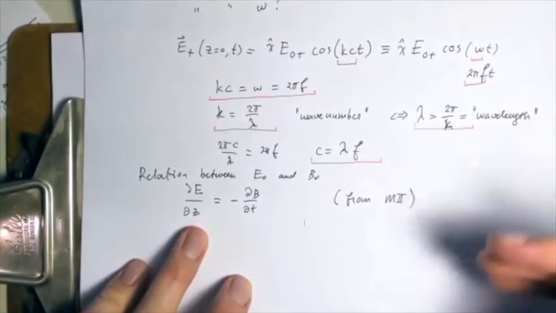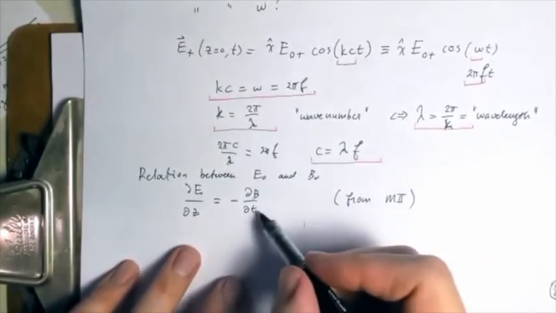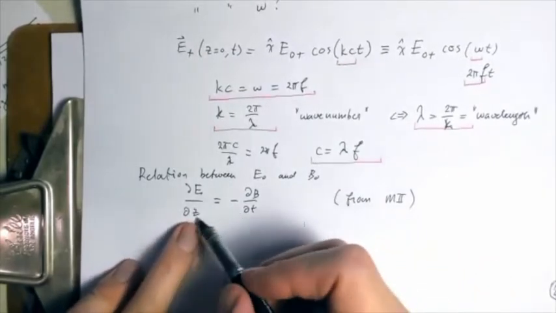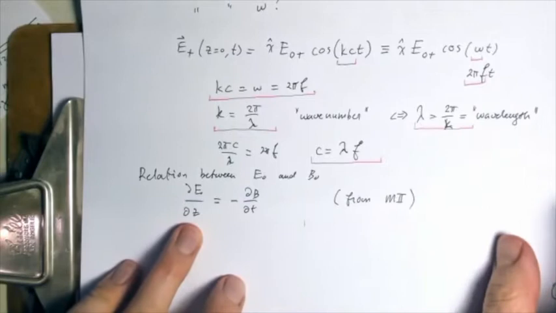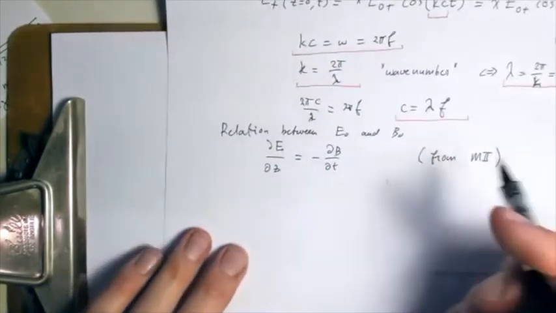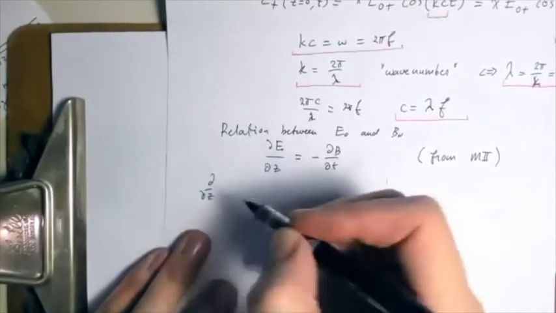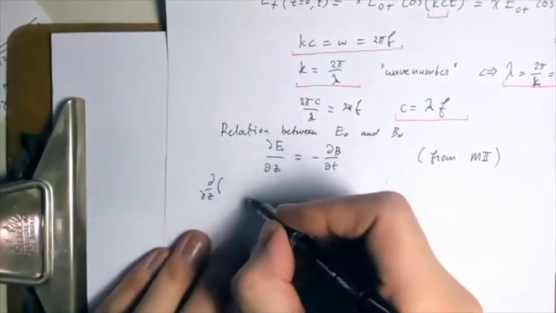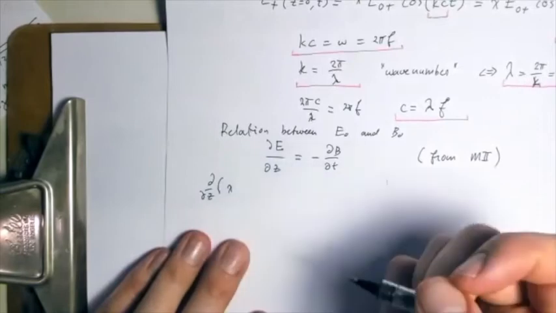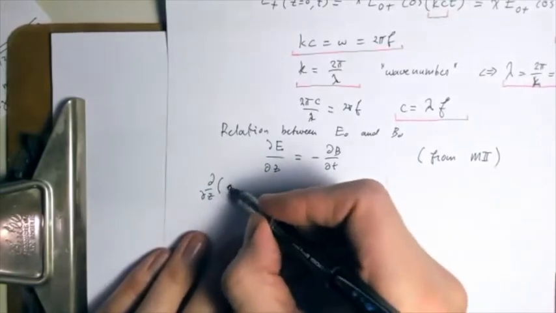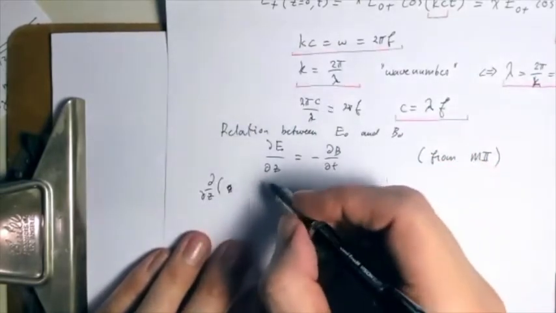You can revisit your notes if you want. All right, so if dE/dz is equal to minus dB/dt, what does that look like? Well, this is d/dz of E, which itself is, let's call it, this is about not the vector property, but the amplitude.